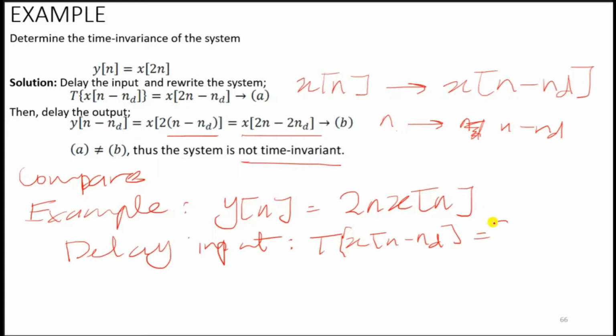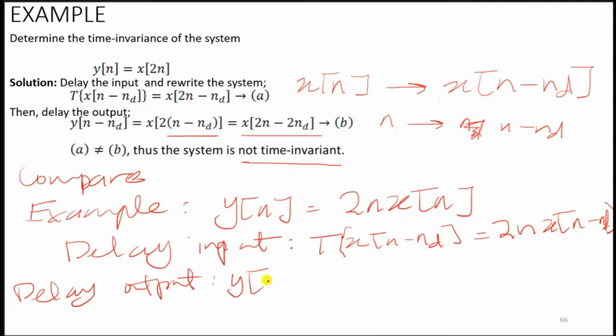So this is equal to 2x[n] minus n_d. Remember, just this: x[n] minus n_d. Then you delay the output, so you write it as y[n] minus n_d. So all the n's must be minus n_d.